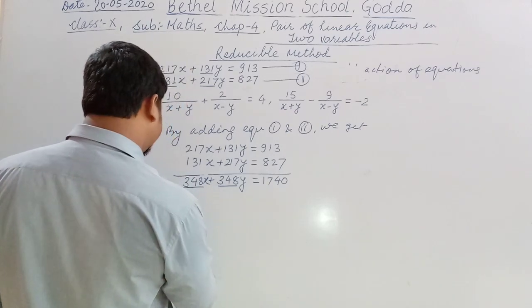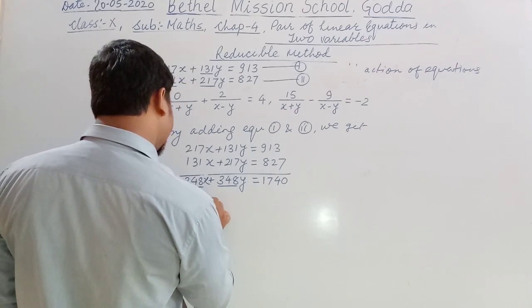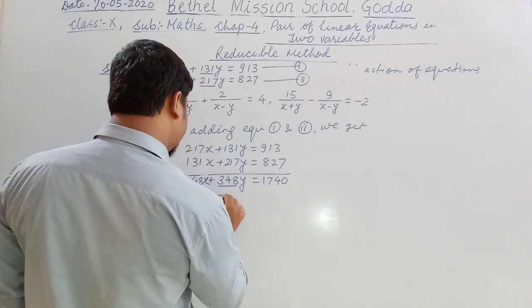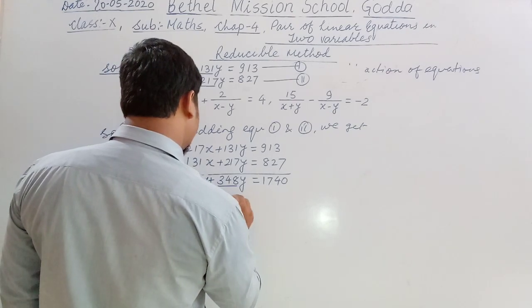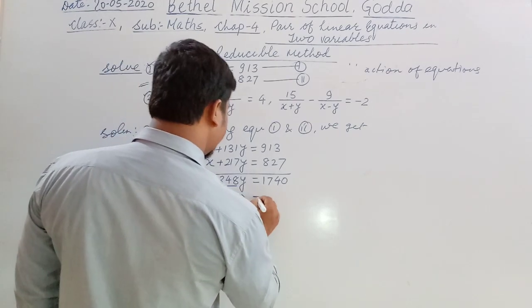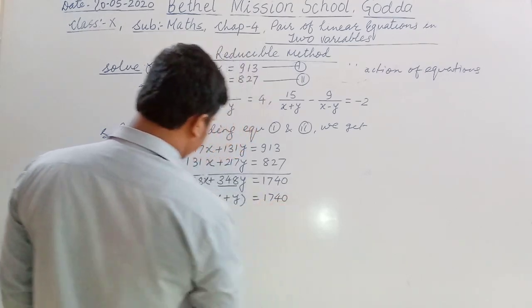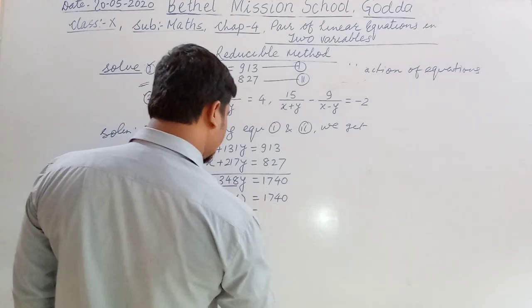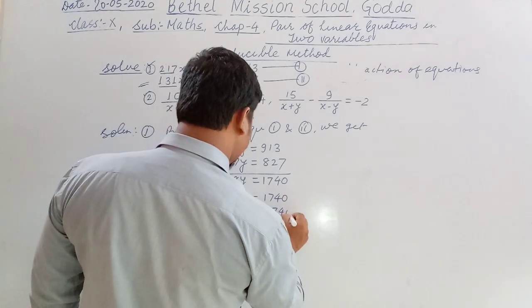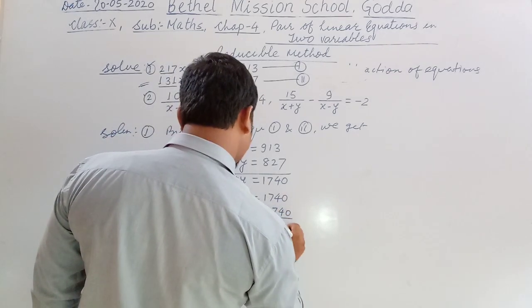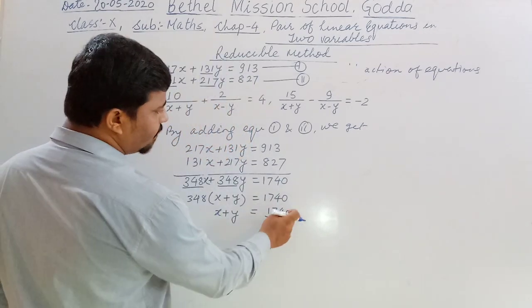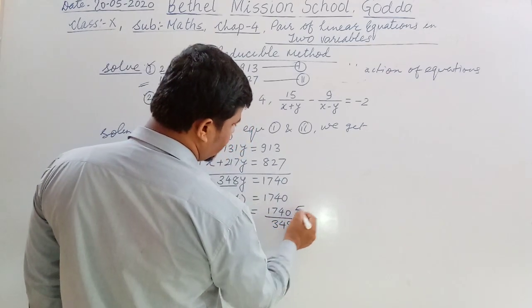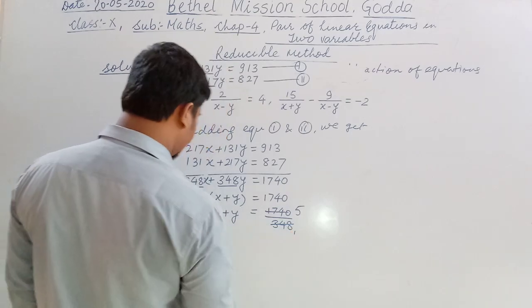We have 348 in both terms, so we will take 348 common. Then inside the bracket it will be x plus y equal to 1740 upon 348. 8 5s are 40, so it will go in 5 times.